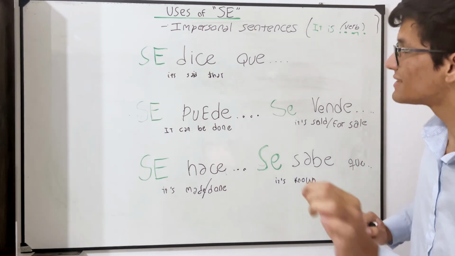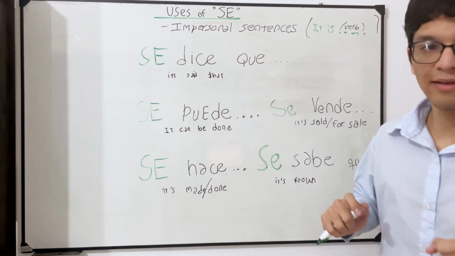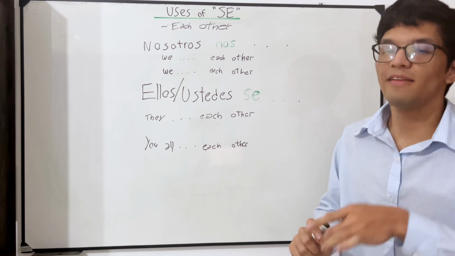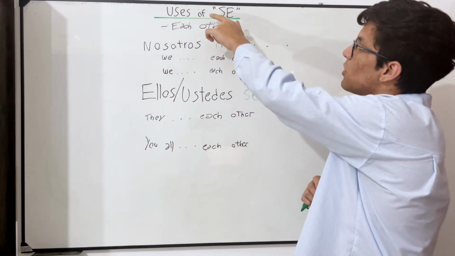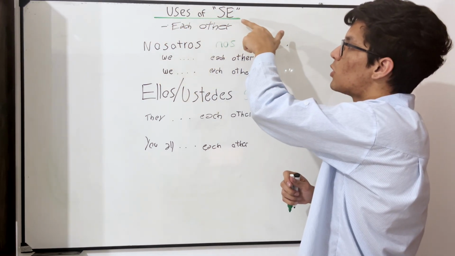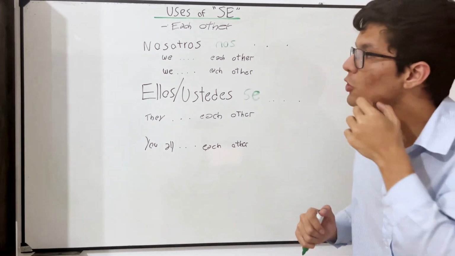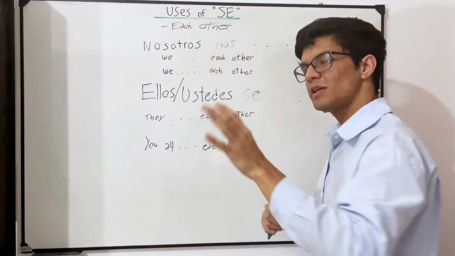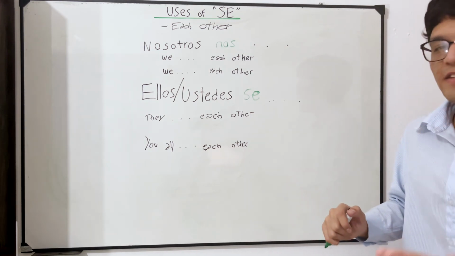So now let's see the last case that we use the pronoun se. So here we got the last context, the last use of the pronoun se. And it is when we use it as each other in very specific tenses, in very specific cases.